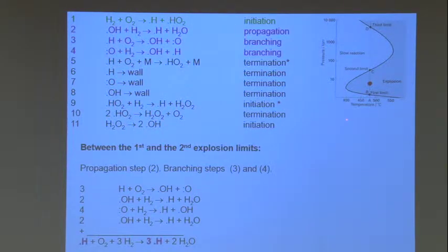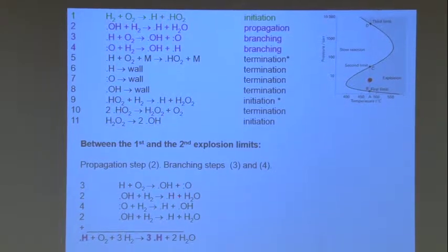Between the first and second explosion limits, the propagation step and the branching steps 3 and 4 dominate. So we've got H plus O2 branching, OH plus H2 propagation, O plus H2 branching, and then we produce an OH there.